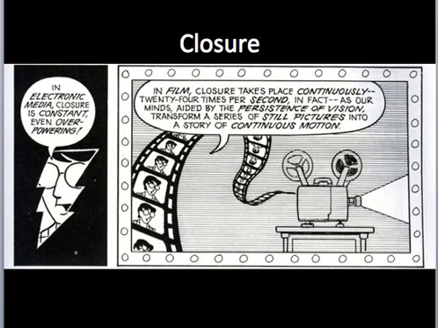In electronic media, closure is constant, even overpowering. In film, closure takes place continuously, 24 times per second in fact, as our minds, aided by the persistence of vision, transform a series of still pictures into a story of continuous motion.